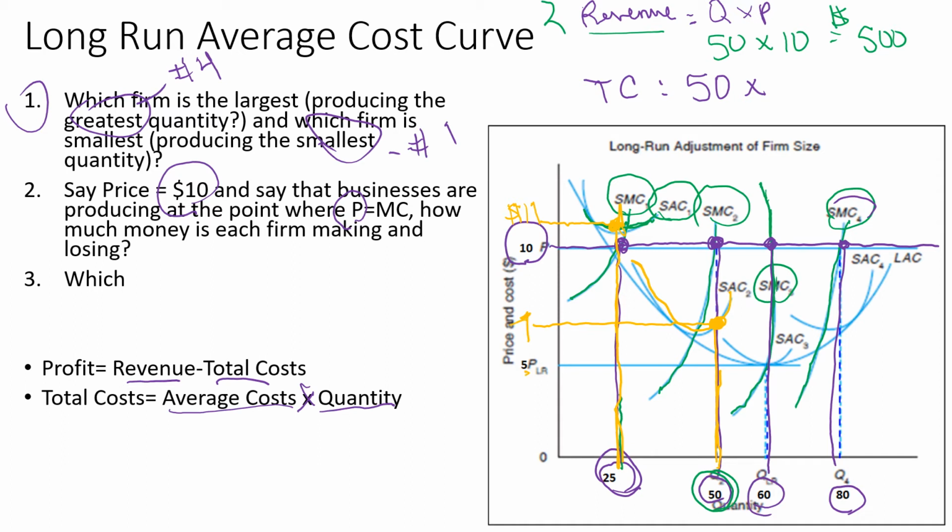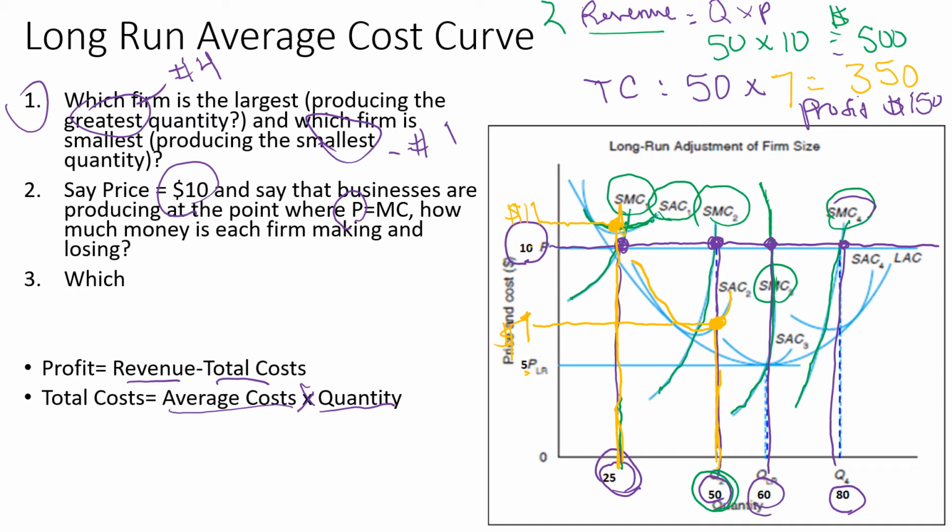We have 5 here, 10 here, so that's about $7. So 50 times 7 equals $350. So their total cost is $350. Their revenue is $500, so 500 minus $350, their profit is going to be $150. Okay, so firm number 2, profit is $150.